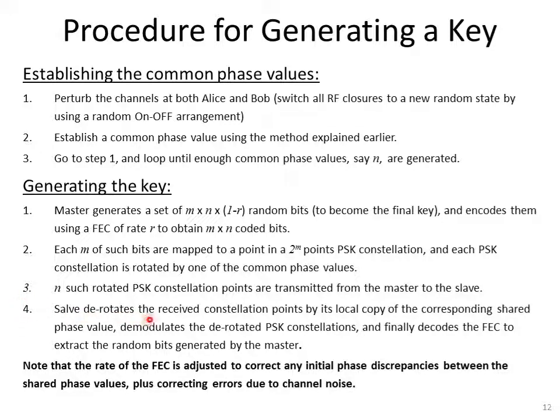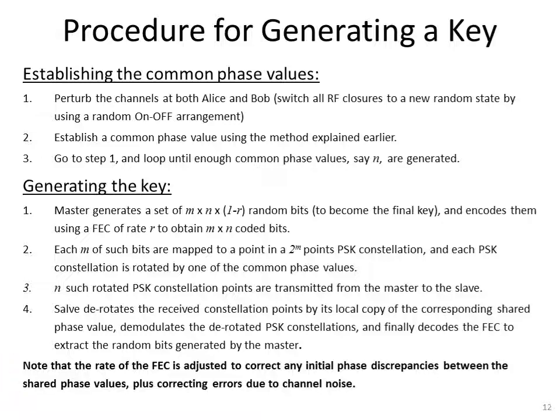Step 4, the slave derotates the received constellation point by its local copy of the corresponding shared phase value, demodulates the derotated PSK constellation, and finally decodes the FEC to extract the random bits generated by the master. Those random bits will be the final binary key.